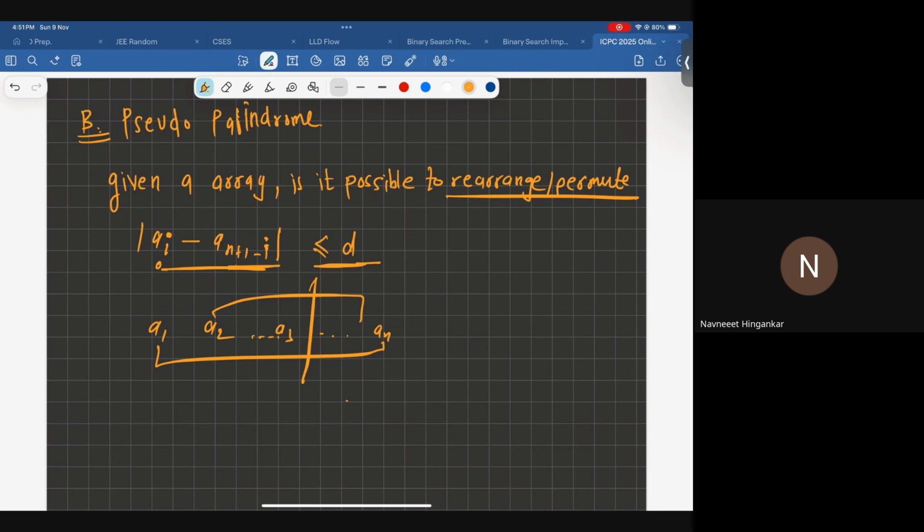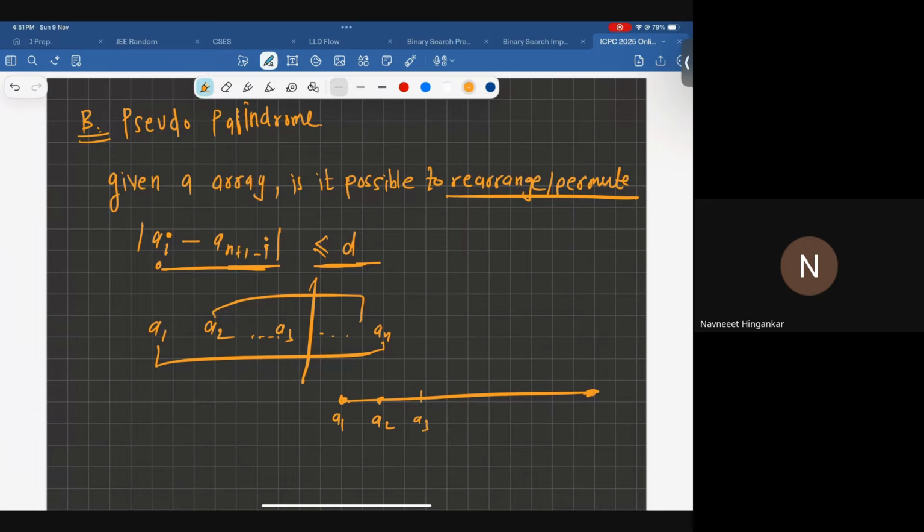Whenever we need to minimize the difference between numbers, it's always greedily possible to arrange them so the difference is minimal when they are adjacent to each other, right? Same goes for the mean value.